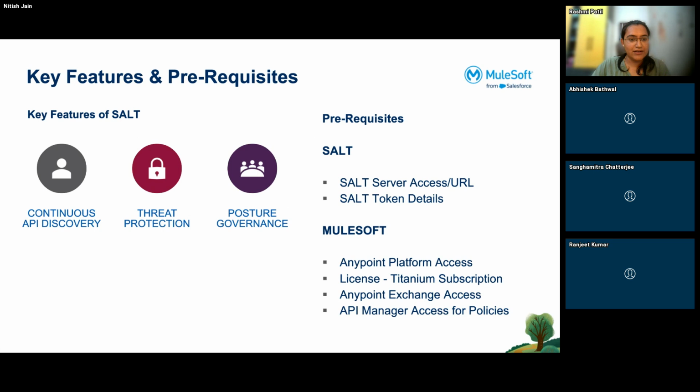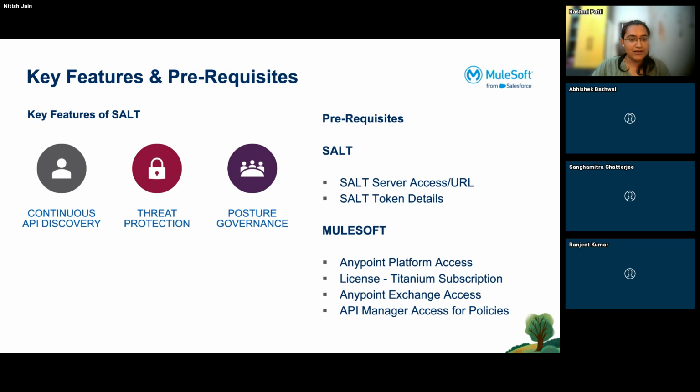We identify all those data points and automatically discover them, and we block any attackers who are trying to extract the data. We also provide remediation for developers to improve API security. This is one of the key features of Salt.